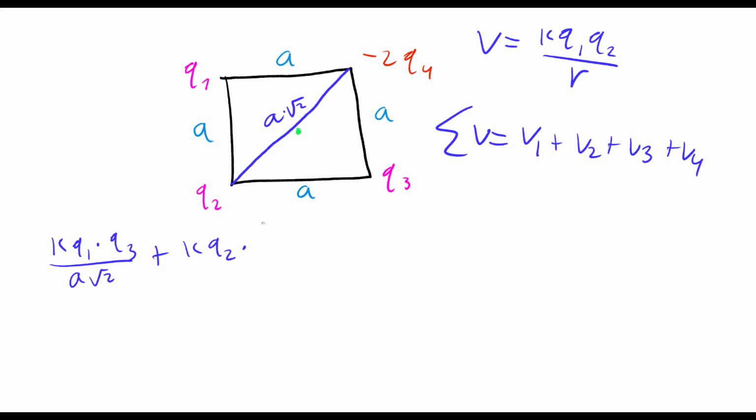And so when it's a scalar, negative signs do matter. So k q2 times negative q4 all over A square root of 2. Alright, and yeah, that looks pretty good. So that would be the total voltage at the point.